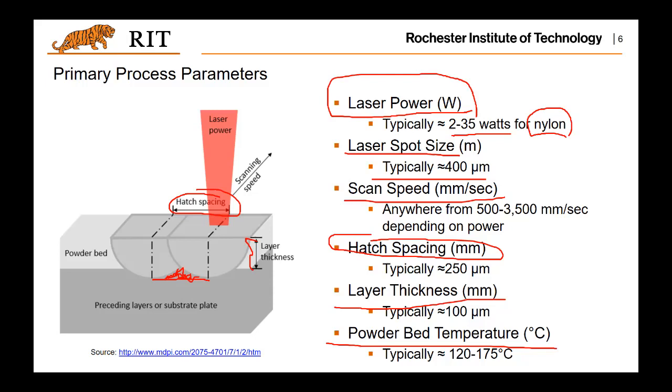That is because you want to minimize the temperature difference between the scanned trace and the other material neighboring these regions, and that will be helpful. I will introduce more details about why you want to heat the powder bed platform to a higher temperature than room temperature.